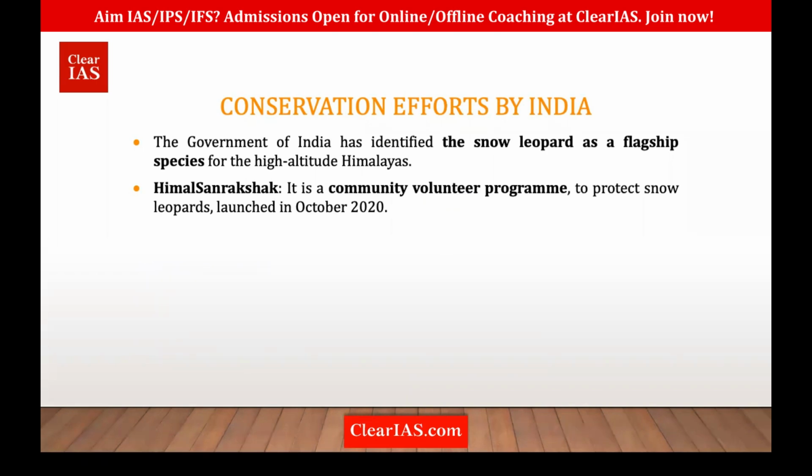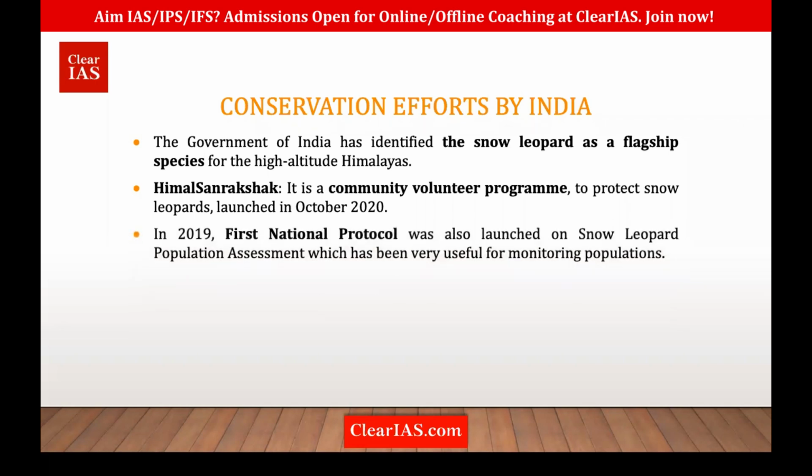Whenever we are taking up any initiative with regard to conservation of any species, the community there, the people's participation, is very important. That is why Himal Sanrakshak was launched as a community volunteer program. It tries to conserve the snow leopards in this region.